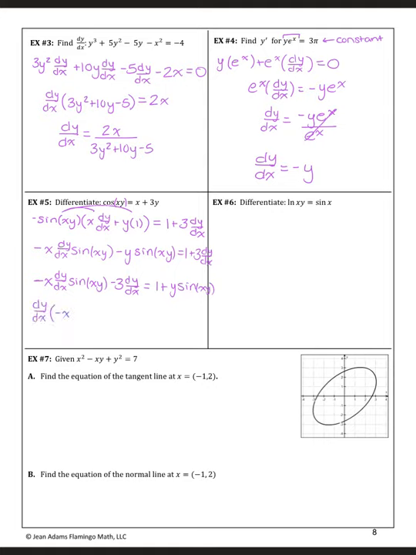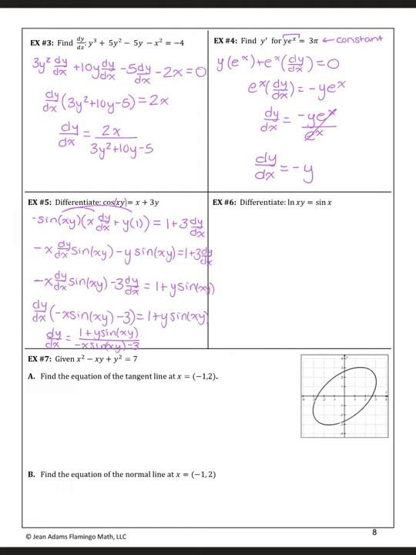You get dy/dx times negative x sine of xy minus 3 is equal to 1 plus y sine of xy. Divide, you get dy/dx is equal to 1 plus y sine of xy over negative x sine of xy minus 3. That one's a little tough, but we did it.